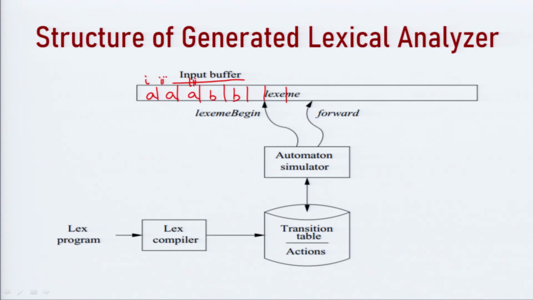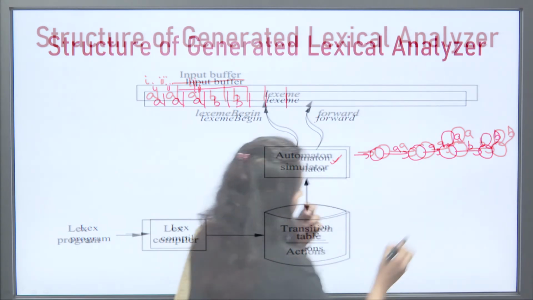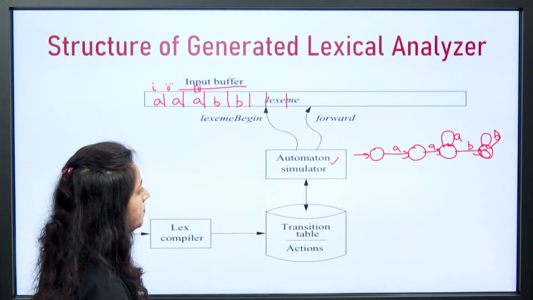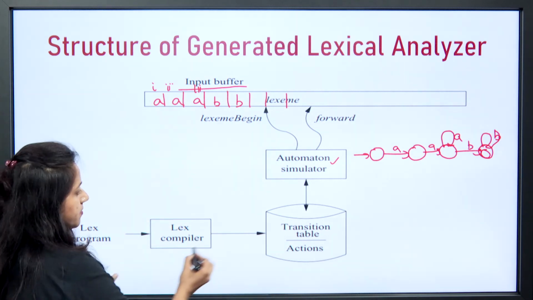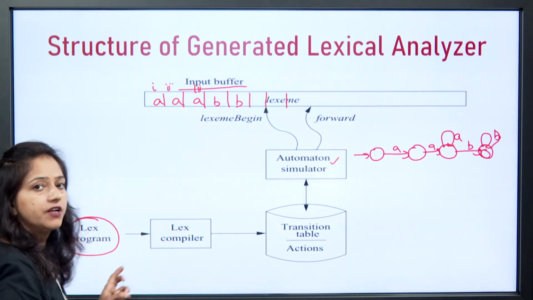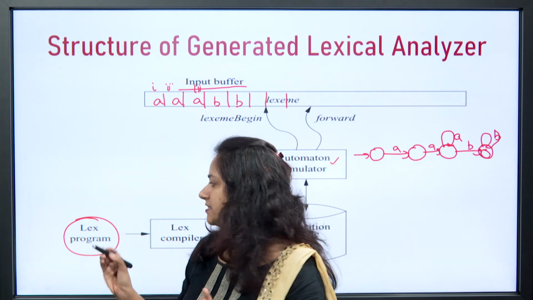This is the identifier. This is the automaton simulator where we have the transition diagram. Suppose we have this transition diagram; it is not minimized, I have drawn it randomly. Next to it we have the LEX program, which is written using a LEX specification.